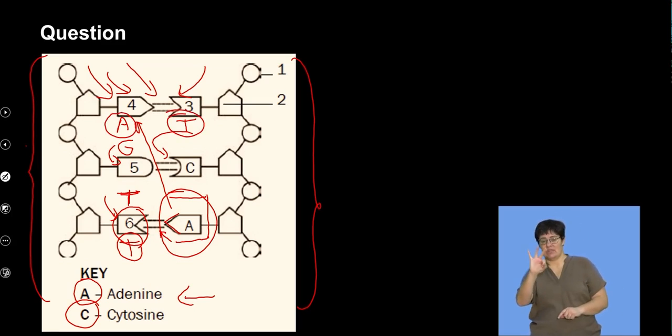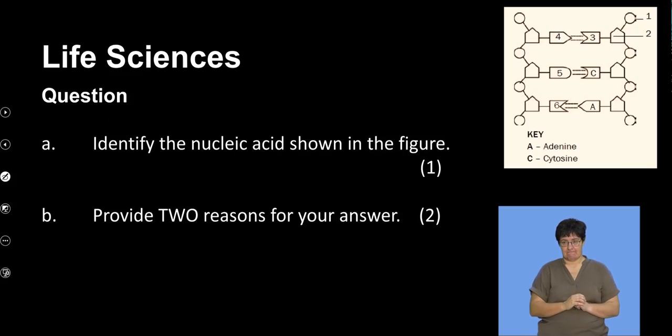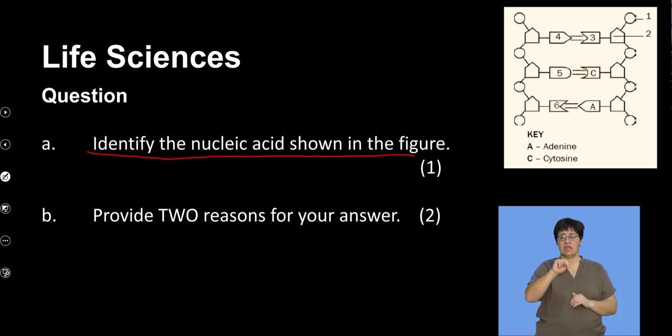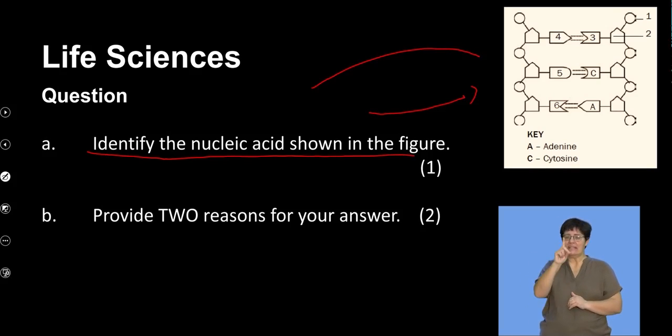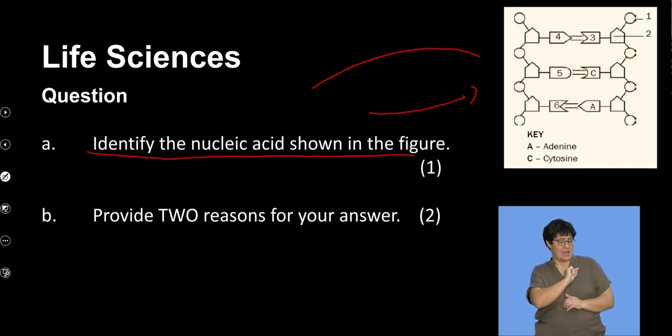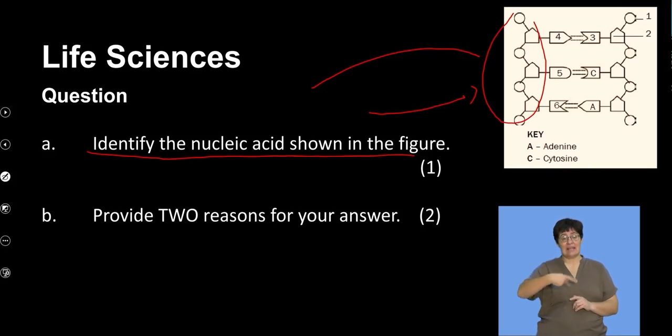So we've used that information to figure out that number 4 would be adenine and number 3 would be thymine. As we wrap this section up, it's important that we link back to where we started. Identify the nucleic acid shown in the figure. This nucleic acid is DNA, and the reasons are that, firstly, DNA is a double-stranded structure. We can see that it contains 2 strands.